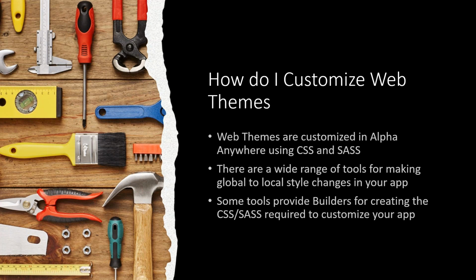And we have a lot of different ways for making changes to those themes, from copying it and making a new one from Alpha, to just making local changes by changing some of the class name definitions, either in the component or in a style tweak. And we have a lot of tools in Alpha Anywhere for customizing that theme or just customizing something very specific, like a button.